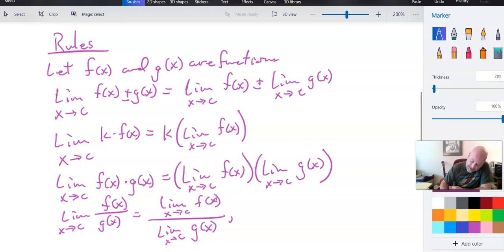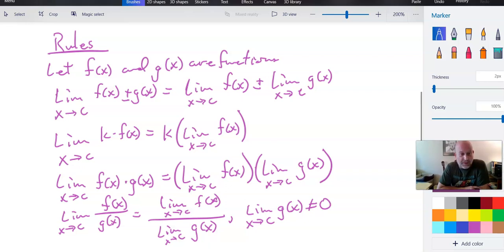And that's provided that the limit as x approaches c of g of x is not equal to 0. If it's equal to 0, we have a problem, right? And we can either fix the problem or we can't fix the problem.